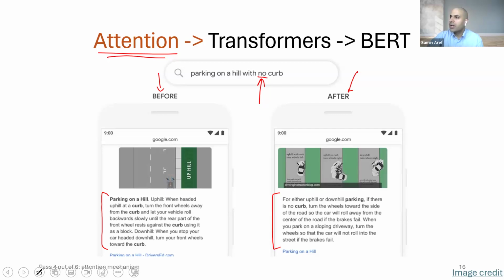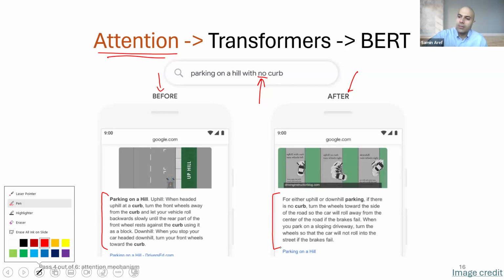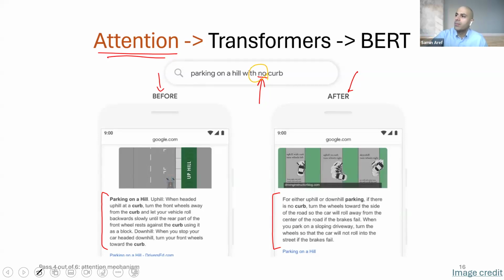This is because before the attention mechanism, the way that this search query was processed was that the word no, as it is a common word in the English language, would not receive sufficient attention, and Google would return results for which parking is mentioned, hill is mentioned, and curb is mentioned. You can see that in this kind of failed response, we have curb, hill, and parking.